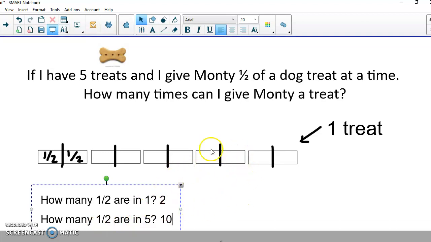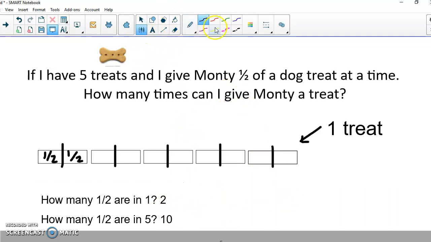So now that I have my picture, I found my answer. I want to think though, what equation matches this picture? So let me think here. What do I know? Well, I know I have 5. And I'm thinking, how many halves are in 5? Well, I'm actually taking those treats and cutting them up into half-size pieces.